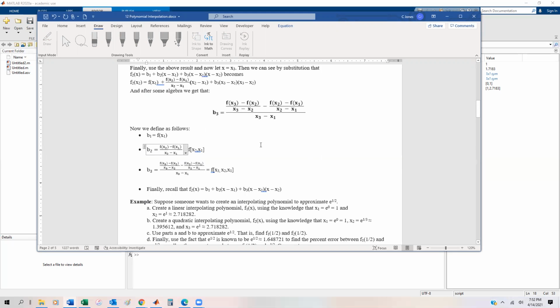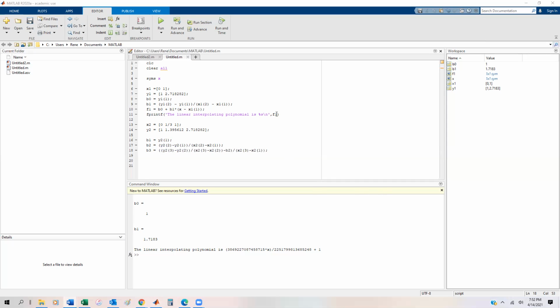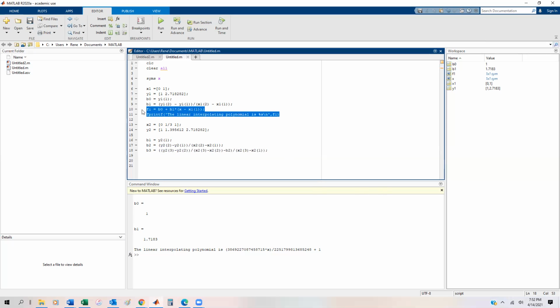All right, so let's go ahead and see what we get out of this. And of course, we need an fprintf statement. I'm just going to copy this one. And we need an F2. So F2 is going to be equal to our B1 term plus B2 times x minus x1. And remember, x1 is going to be defined as x2 first slot.